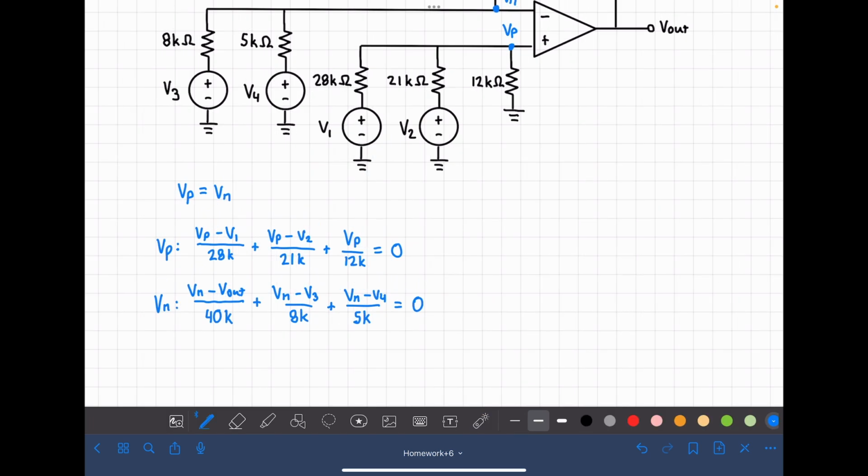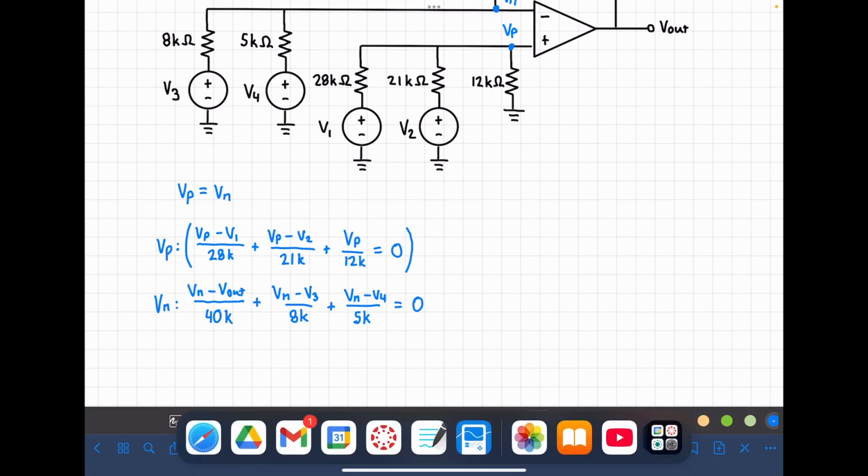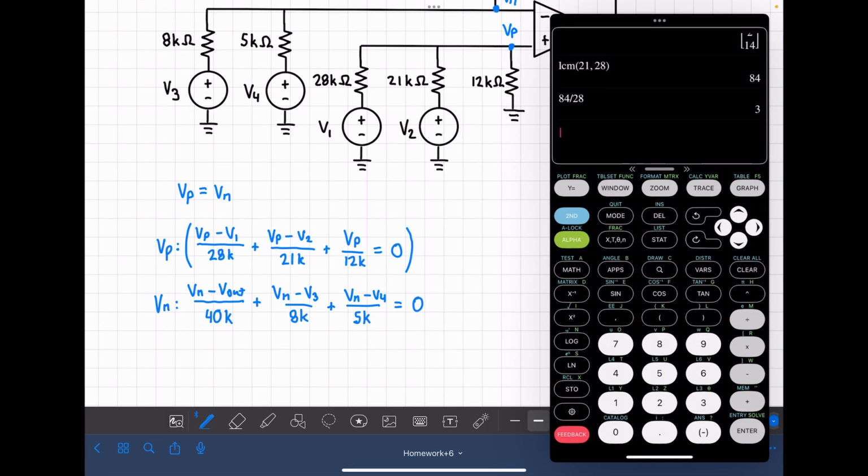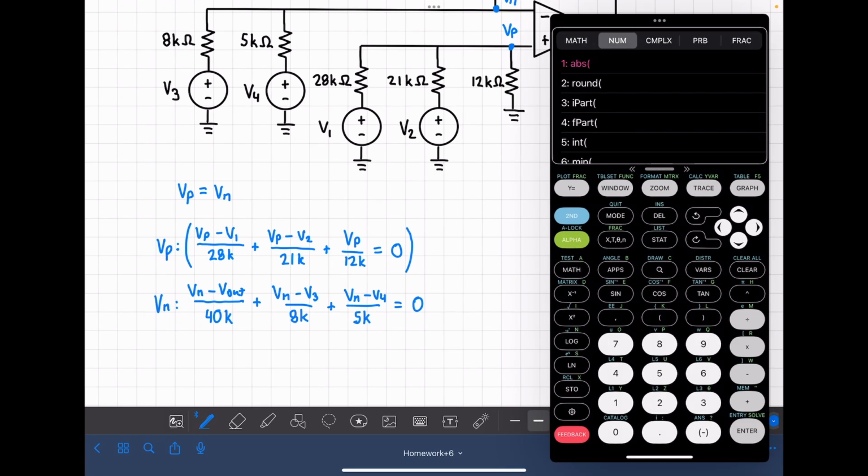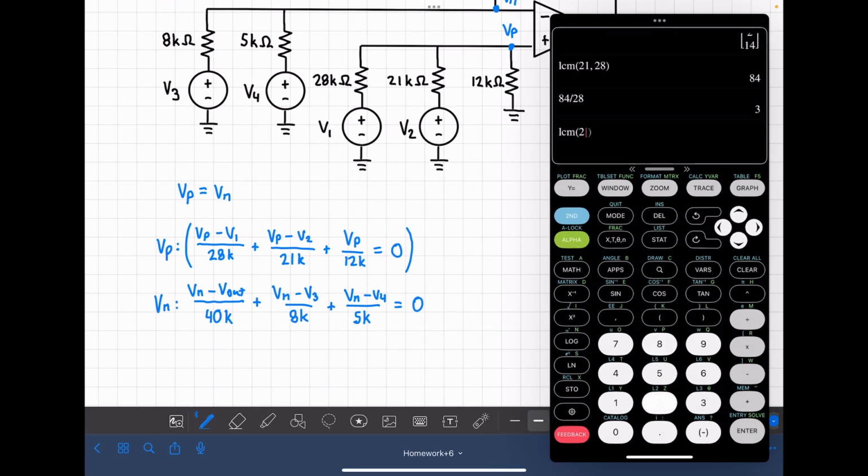So the first thing I'm going to want to do is get rid of all these fractions just to make things easier. I'm going to multiply all this by the least common multiple of 21, 28, and 12, which can be found if you are like me and don't like doing number things in your head, using your calculator. So we're going to multiply by 84K.